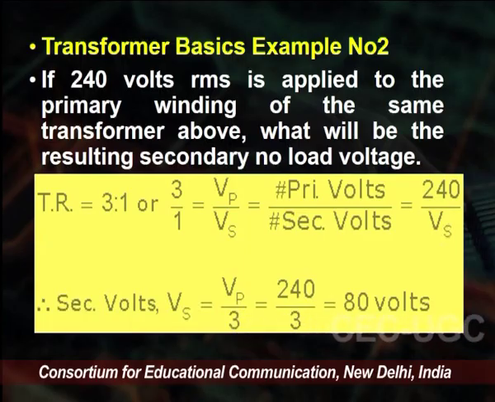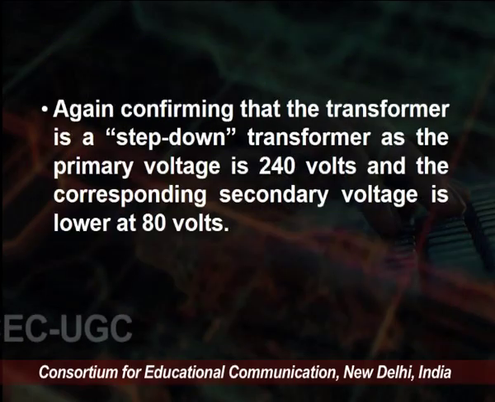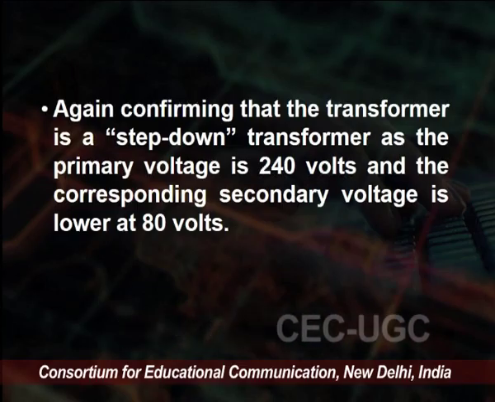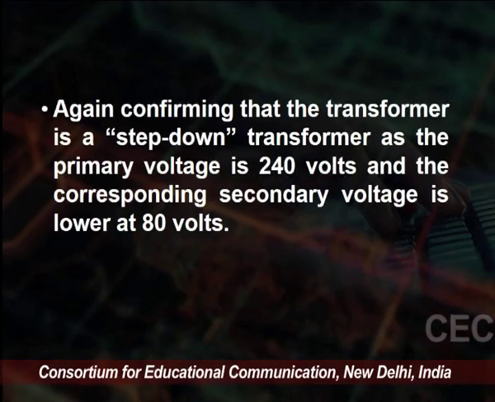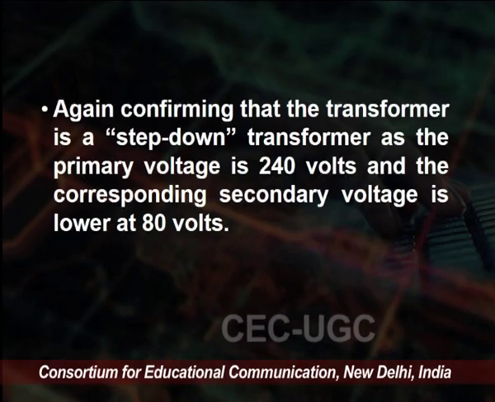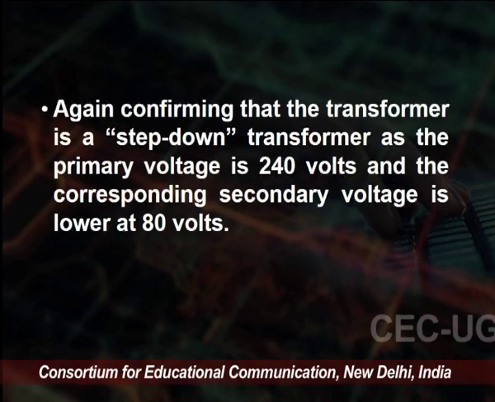So Vs is equal to Vp by 3, that is 240 by 3, which means 80 volts. So again confirming the transformer is a step down transformer, as the primary coil is 240 volts and the corresponding secondary voltage is lower, at 80 volts. That will clearly show that if the output voltage is less, then it is a step down, and if it is more, then it is a step up.